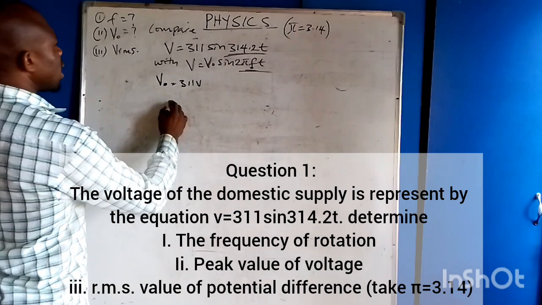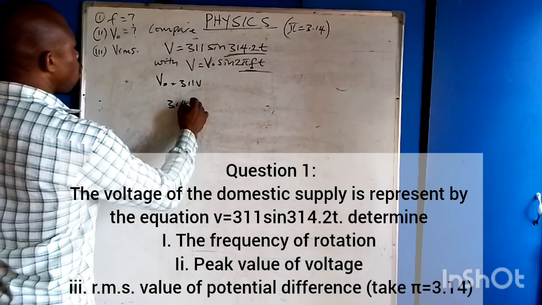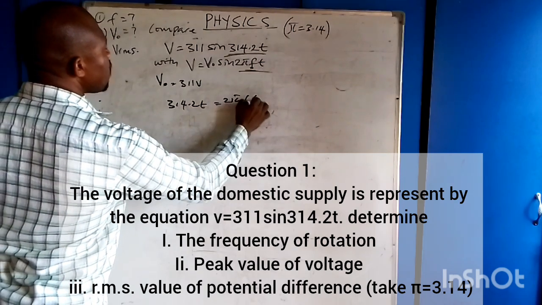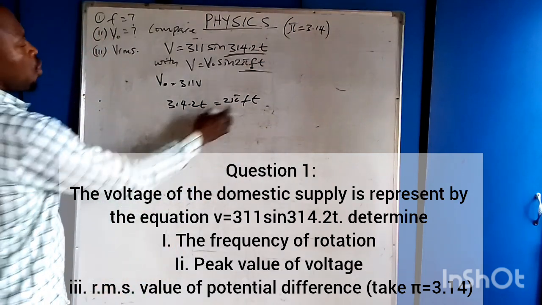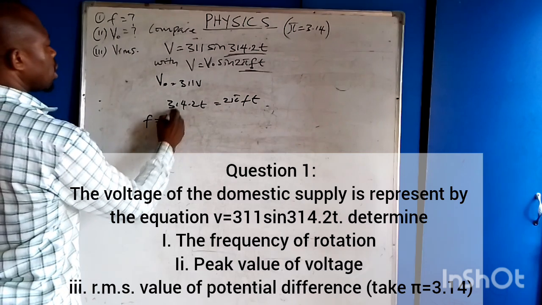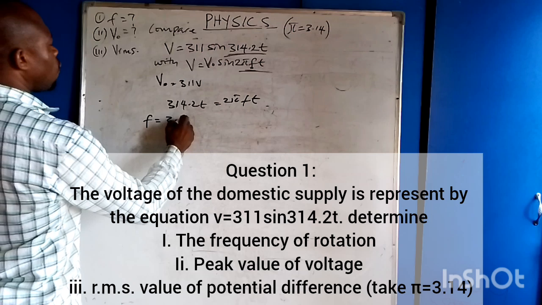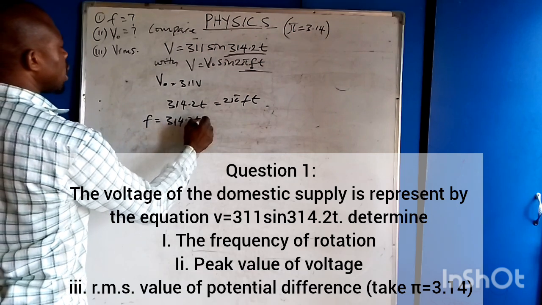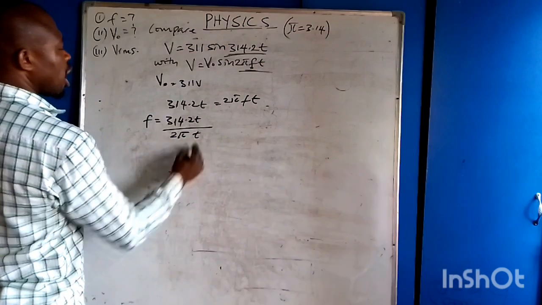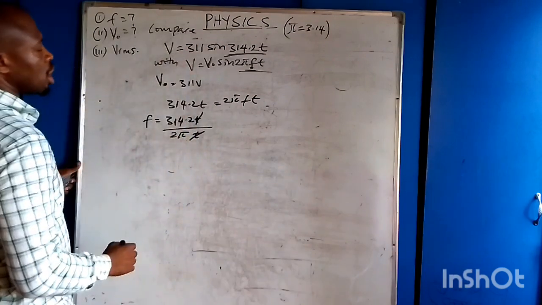Which will give us 314.2t is equal to 2 pi f t. Now we are looking for f. F will give us 314.2t all over 2 pi t. Remember, t can take care of t.